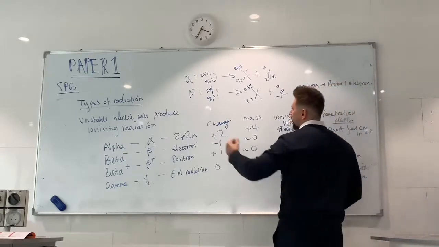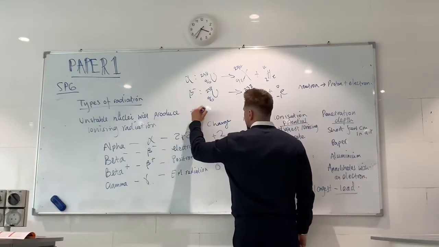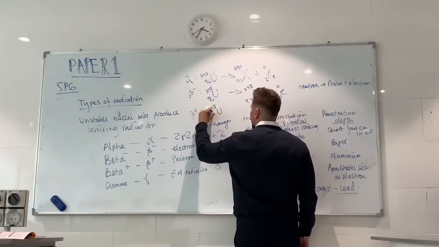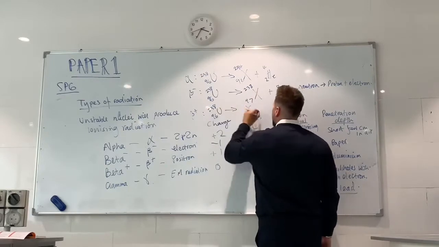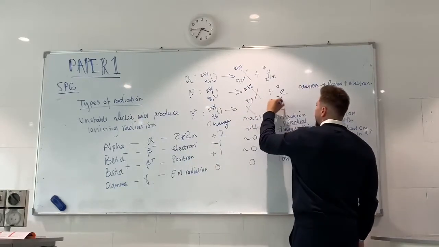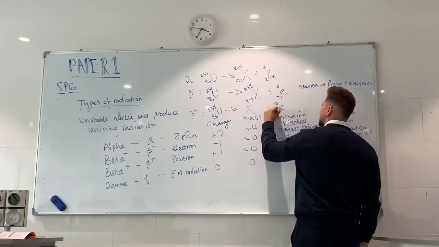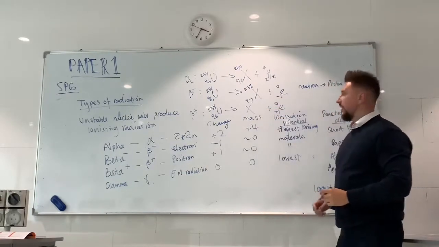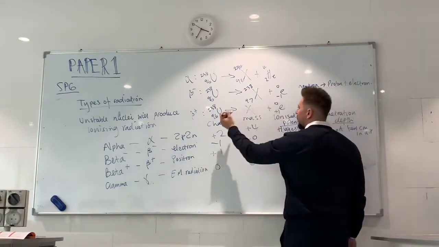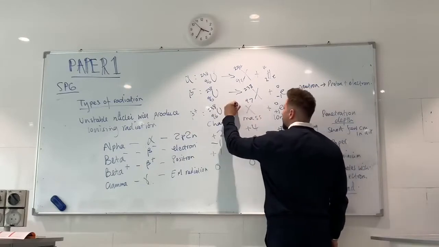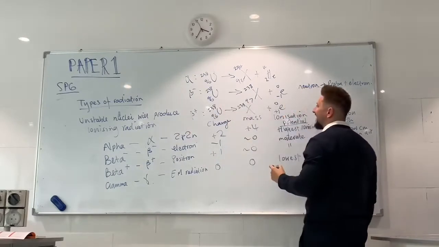Okay? Beta positive, very similar. Start with the uranium-238, 96. A new element is formed. Add on the positron, which has 0 mass, plus 1 charge. Again, there's no mass here, so that means that the mass of the new element has to be the same as before, 238.